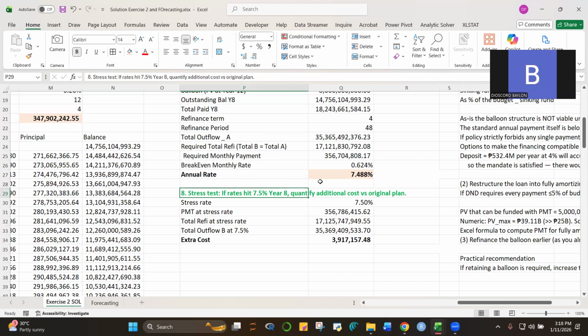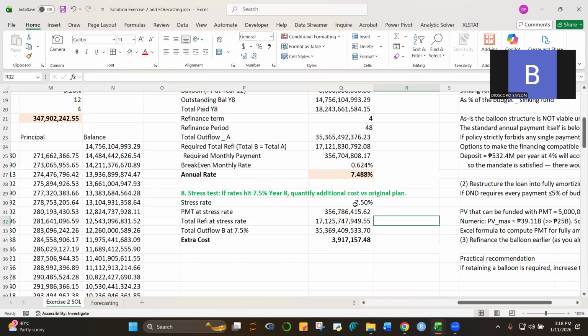Anything lower than that is favorable for refinancing. Anything higher than that will of course be favorable for the balloon payment.